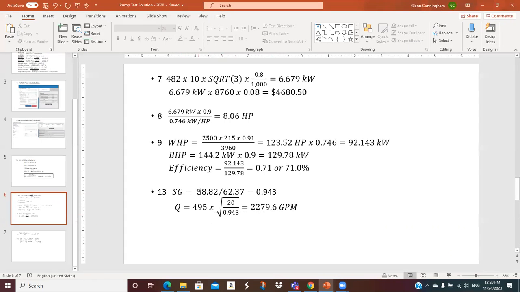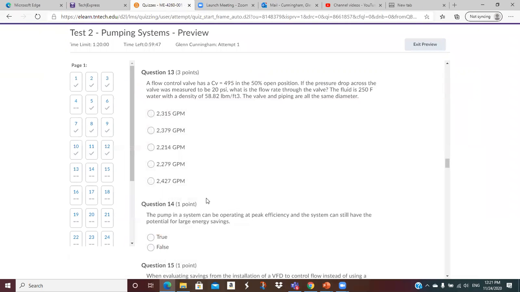Specific gravity, this is what I use for standard water, someplace 62.30 something. Got a little calculator that says 37, so that's what I used. So specific gravity 0.943, and then Q is CV times the square root of delta P in psi divided by specific gravity, and so it's 2279.6. 2279, okay.